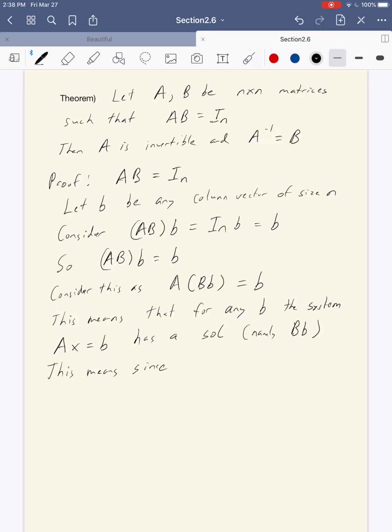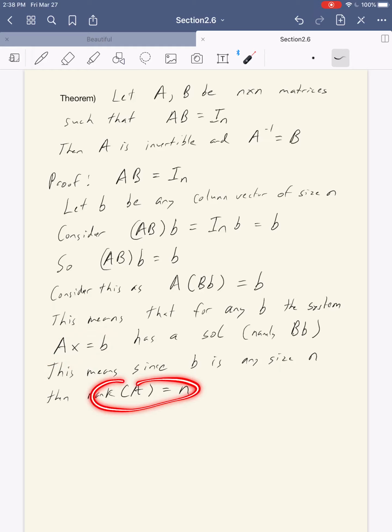This means, since b is any column vector of size n, so this is true for anything in R^n, then the rank of A must be equal to n. Since this system will always have a solution, you can't have a rank less than n.